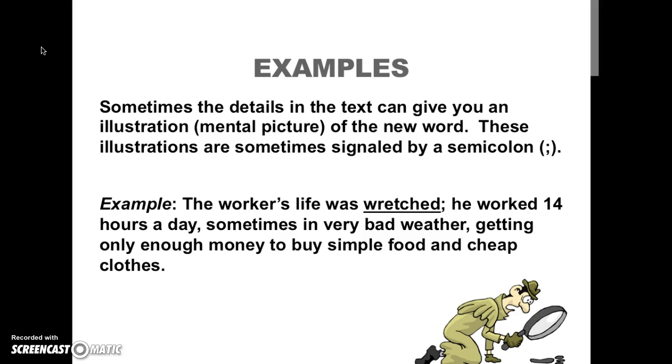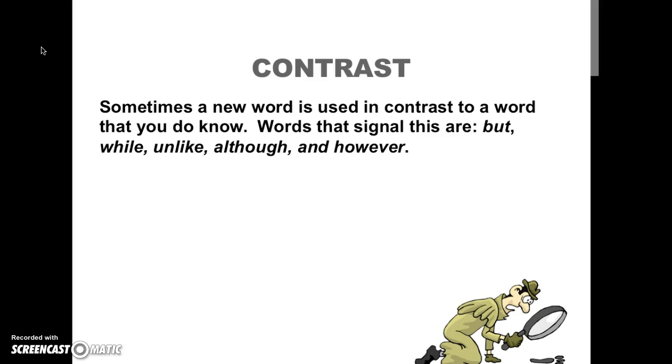Now, what does wretched mean? His life was great, his life was terrible, his life was bad. Well, he works a lot, in bad weather, and is poor, so his life is bad. These are examples.